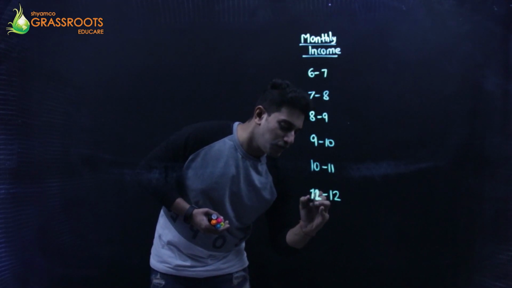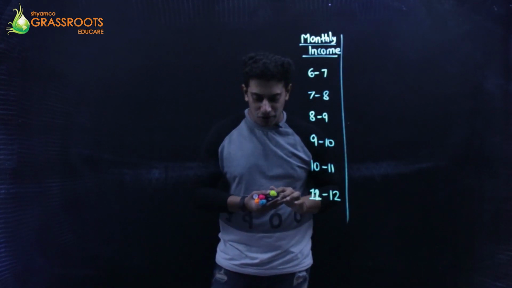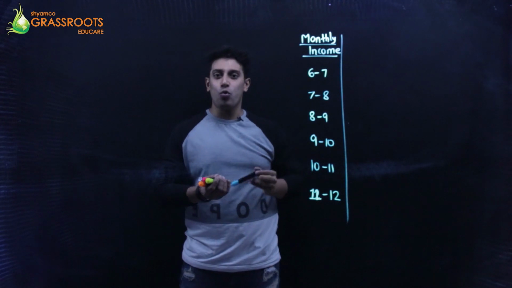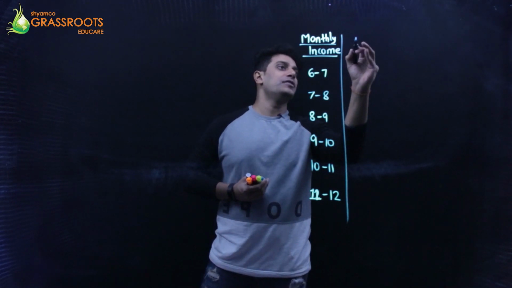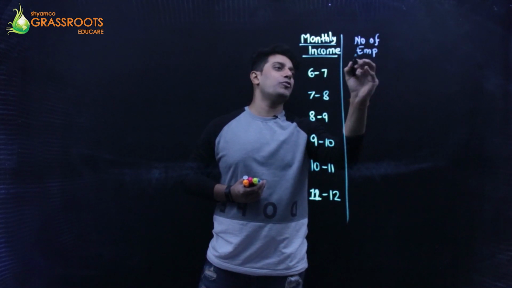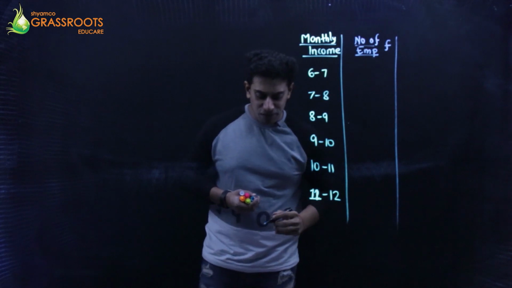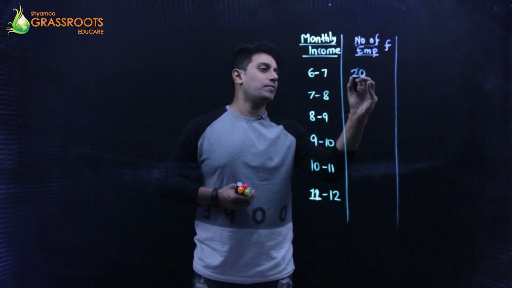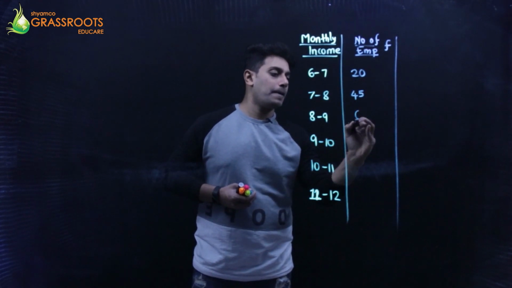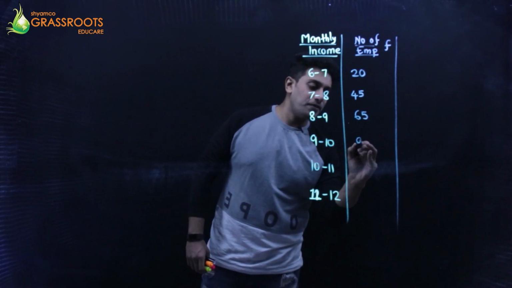So this is in terms of thousands. Apart from this, I have been told the number of employees who earn within this range, which is obviously going to be something like a frequency. Fine. 20, 45, 65, 95, 60, 35.